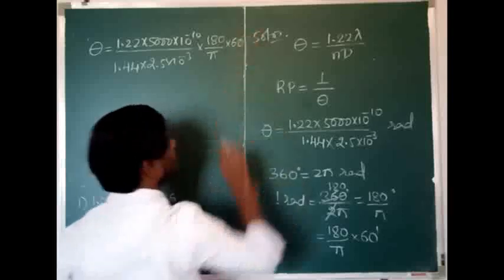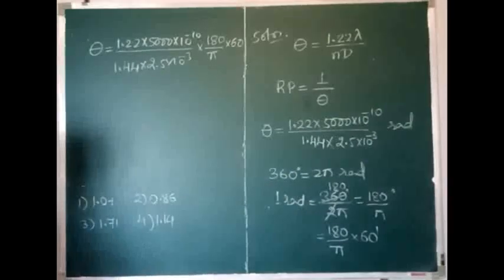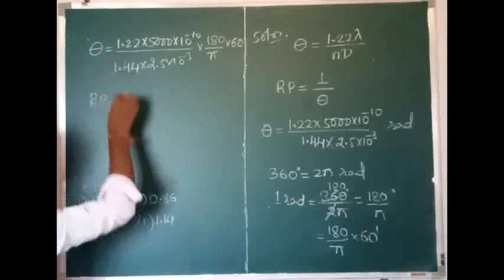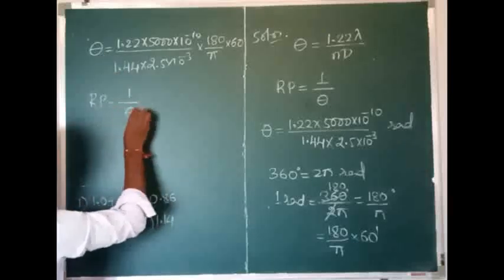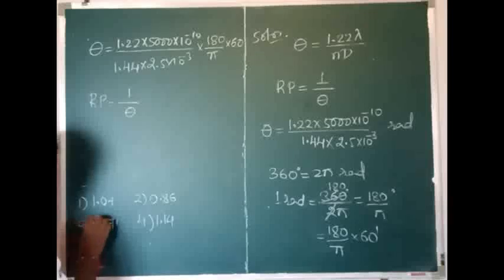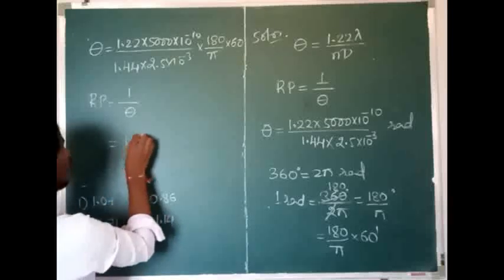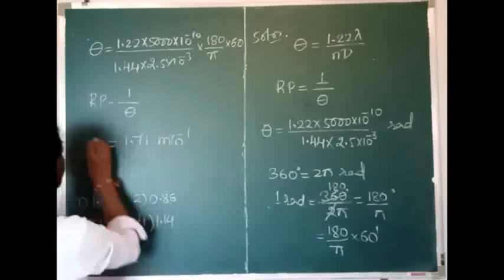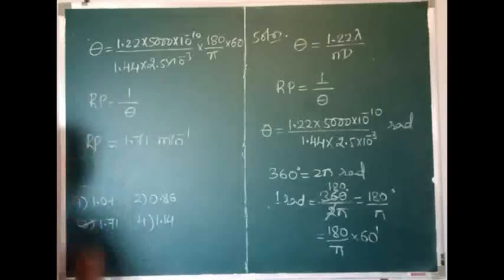So this unit is minute now. Then by finding the resolving power, by putting the value of theta here, 1 by theta, you will get the answer, that is 1.71 per minute. So this is the resolving power of the eye lens. Okay.